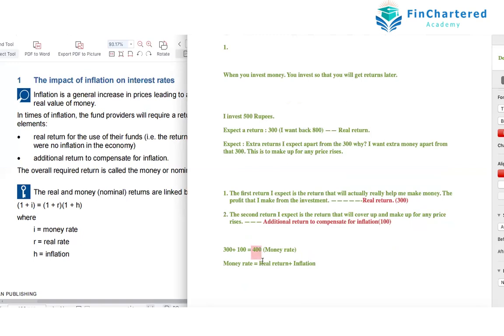Remember, money rate is the total return, the total rate that you want, and that is denoted as I. Real return is denoted by the letter R, and inflation is denoted by the letter H.